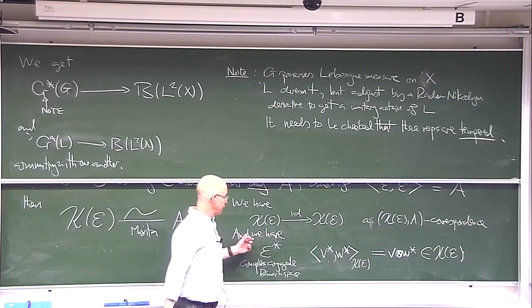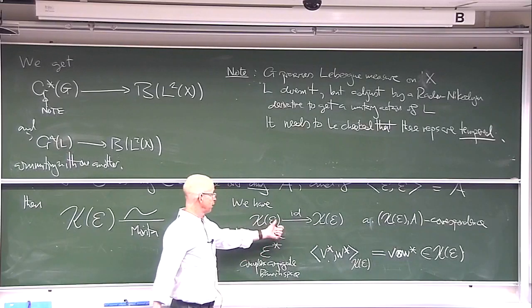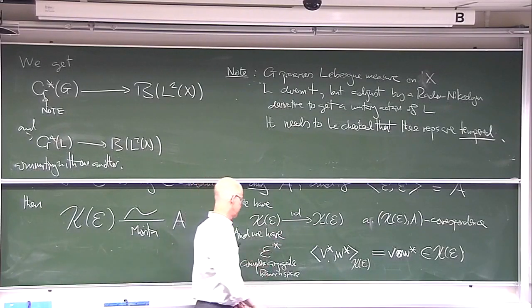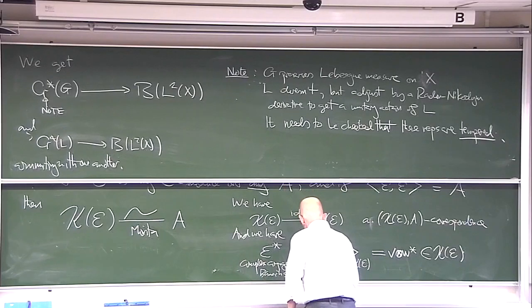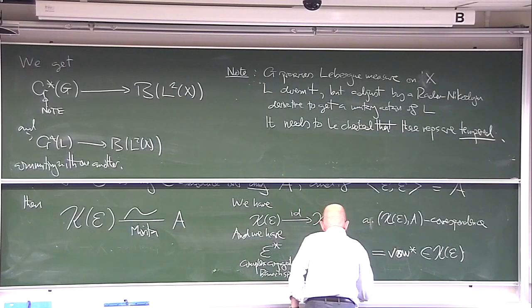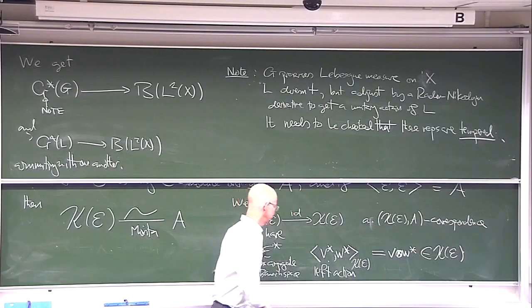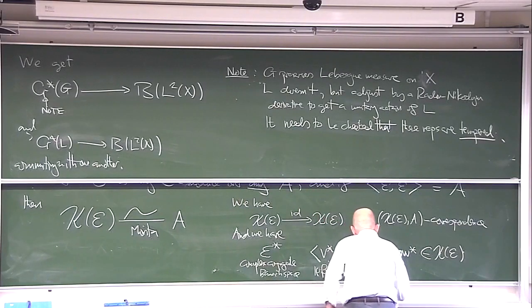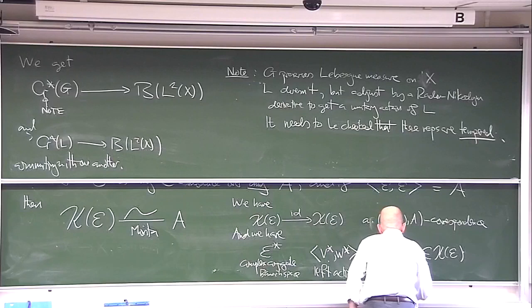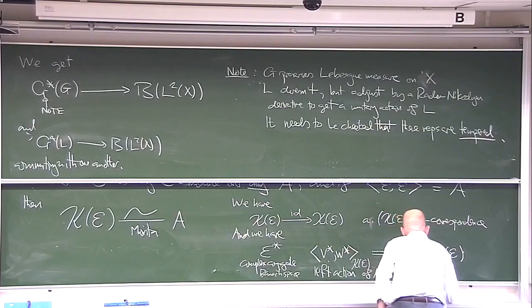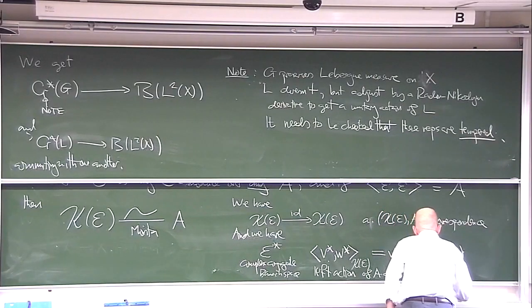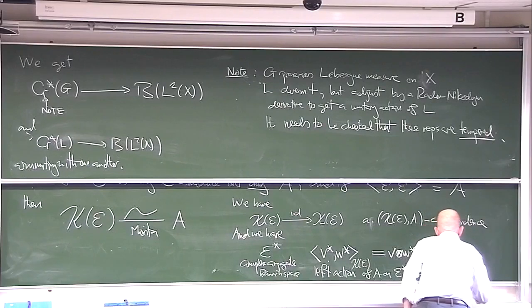Formally there was a right action of A on E. When you take E star, you can define a left action of A on E star in more or less the obvious way: A acting on a vector V star we just define to be V acted on by A star.